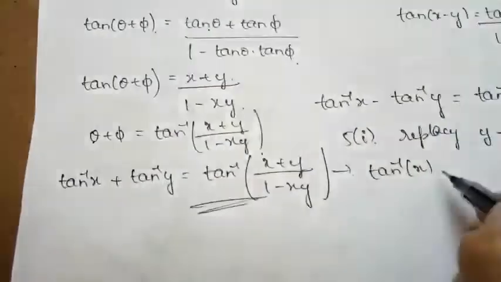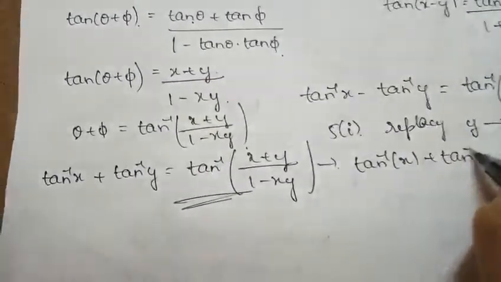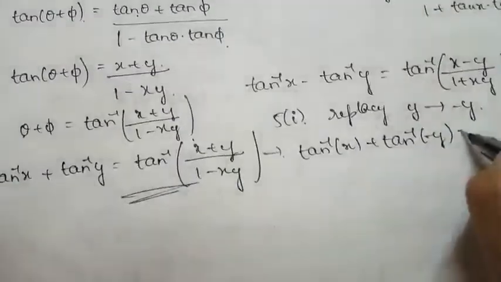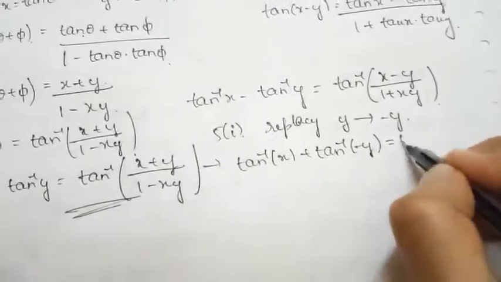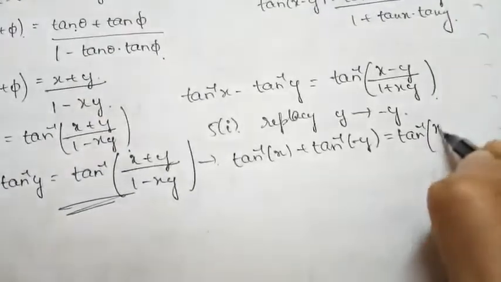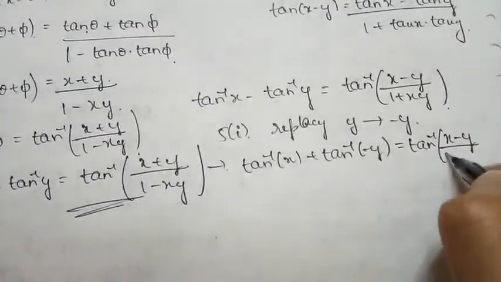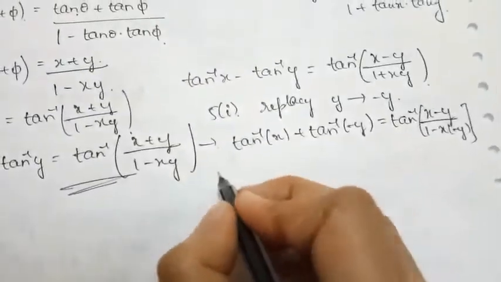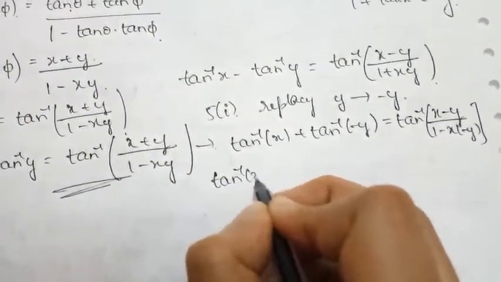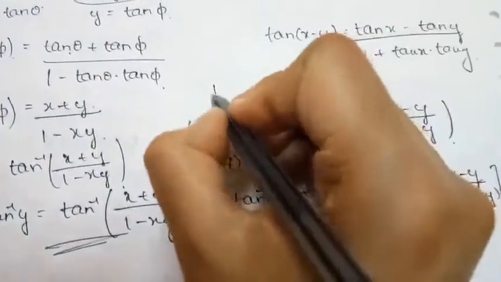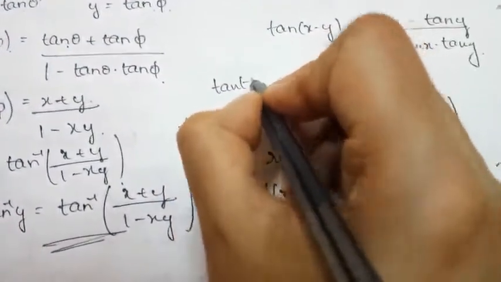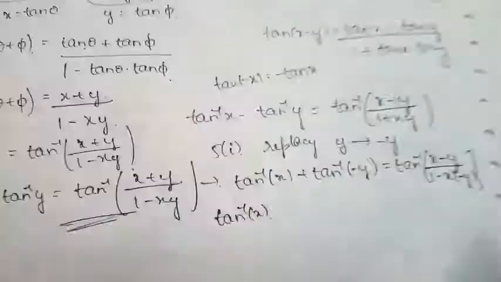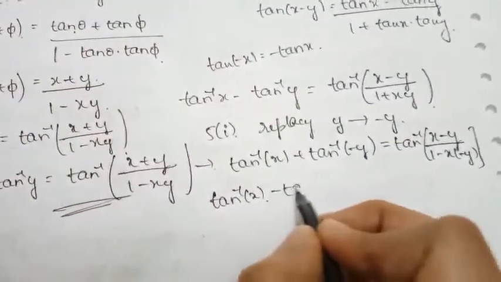So tan inverse of x plus tan inverse of minus y is equal to what? Tan inverse of x minus y divided by 1 minus x into minus y. So what happens to this? That is tan inverse of x, and we already came across in the previous property that tan inverse of minus y is equal to minus tan inverse of y.